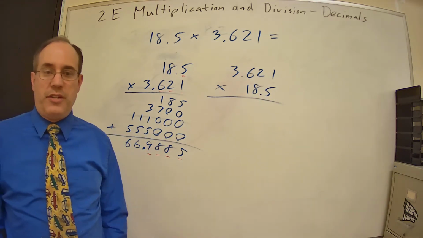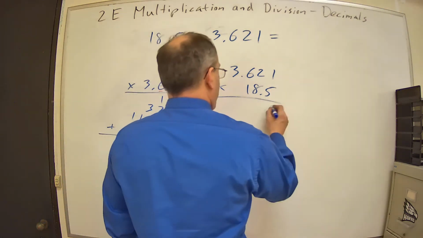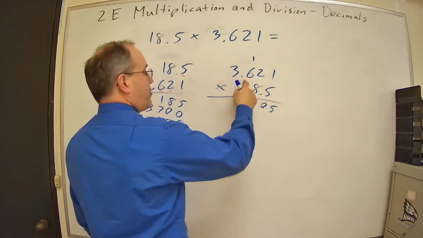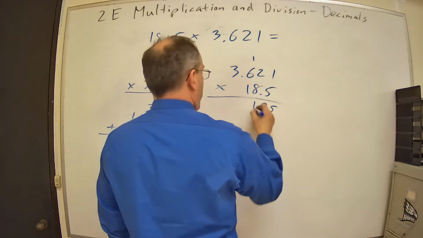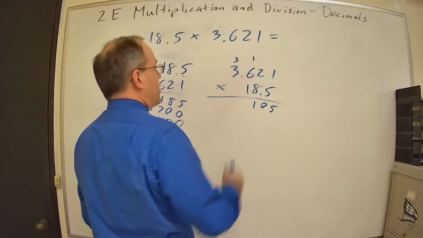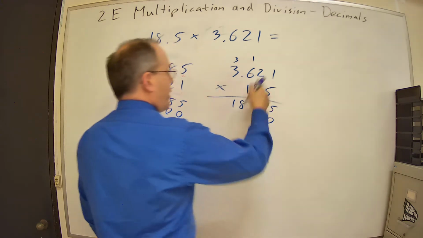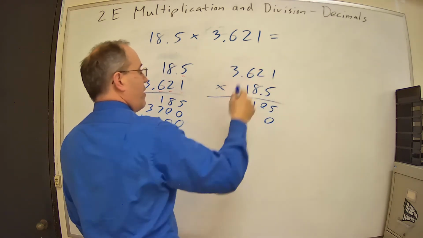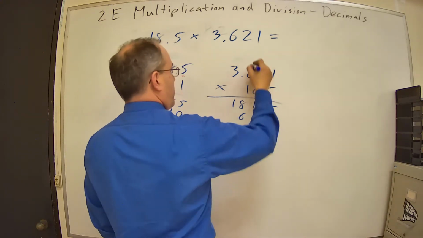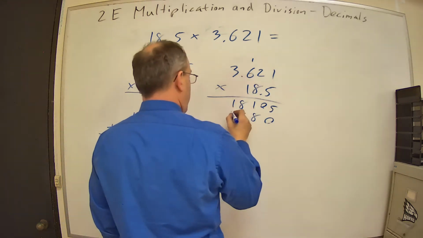Now I claim I can do the same thing over here and maybe make my life a little bit easier as I do it. So let's see. 5 times 1 is 5. 5 times 2 is 10, carry the 1. 5 times 6 is 30, plus 1 is 31, carry the 3. 5 times 3 is 15, plus 3 is 18. Put my 0 in there. 8 times 1 is 8. 8 times 2 is 16, carry the 1. 8 times 6, 48 plus 1, 49.